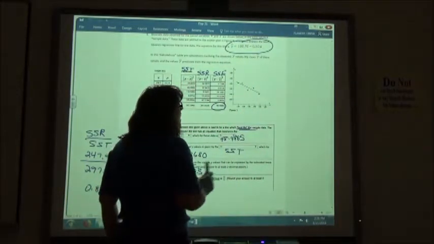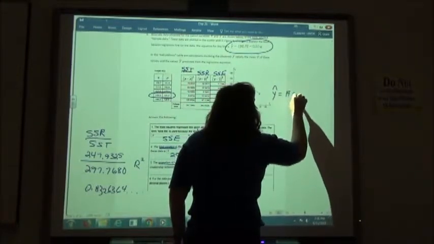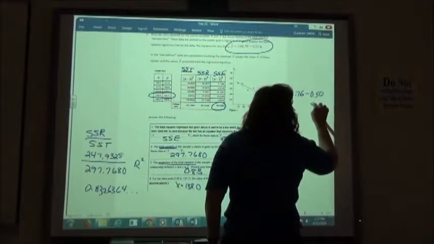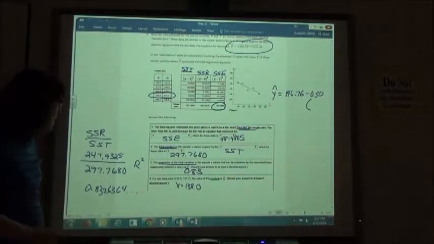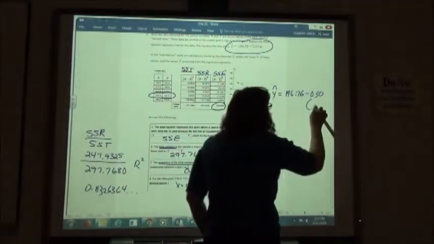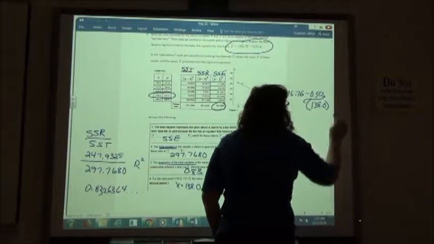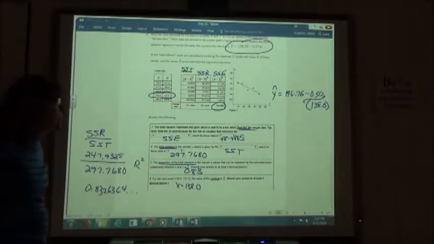And so y hat is going to equal 196.76 minus 0.50 times, I didn't leave myself enough space, so sneak it in there, the 138.0. That should go times that number behind there when you punch it in.